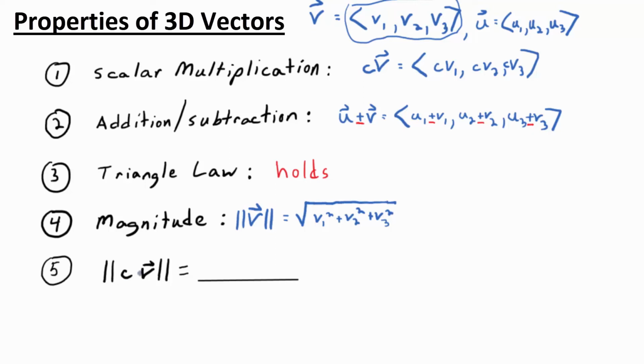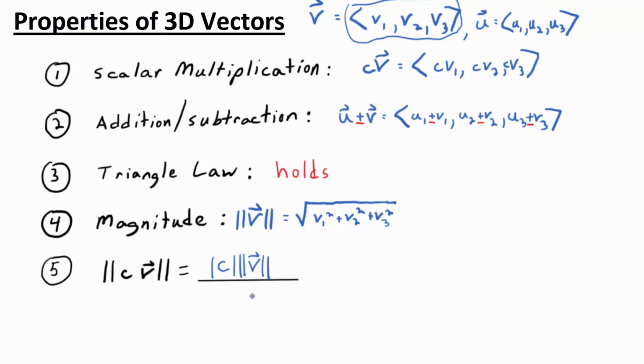So to take that into account, we pull out the c, but if c happens to be negative, it's important to have absolute values around it. If c is positive, it's still true. It's just not as important because the absolute value of c is going to be equal to c when c is positive. So long story short, the magnitude of c times v is the absolute value of c times the magnitude of v.